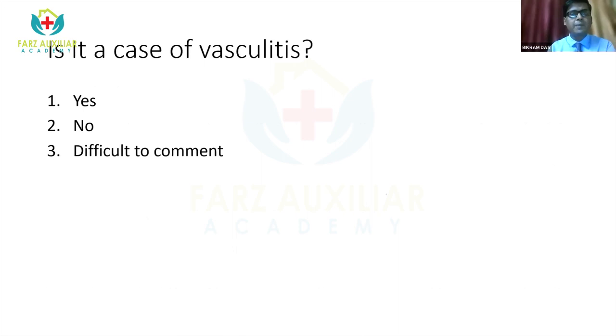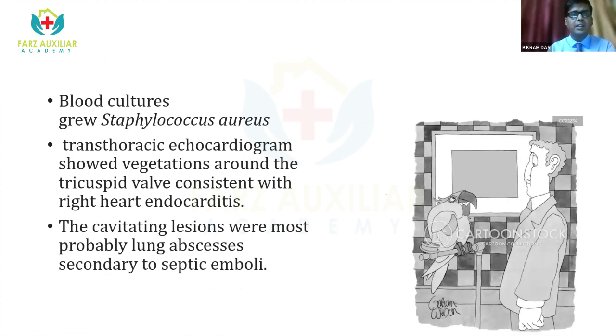So is it a vasculitis or not? Yes, there is a doubt of vasculitis. Always rule out infections. The blood culture of this patient grew Staphylococcus aureus, and transthoracic echo revealed a vegetation in the tricuspid valve. So it's a right heart endocarditis, and that's why the cavitating lesions were there, due to septic emboli. That's how infections are the great mimickers in this case.